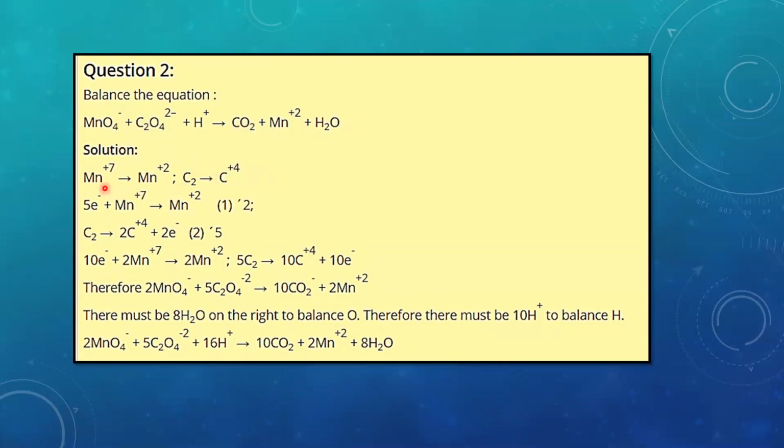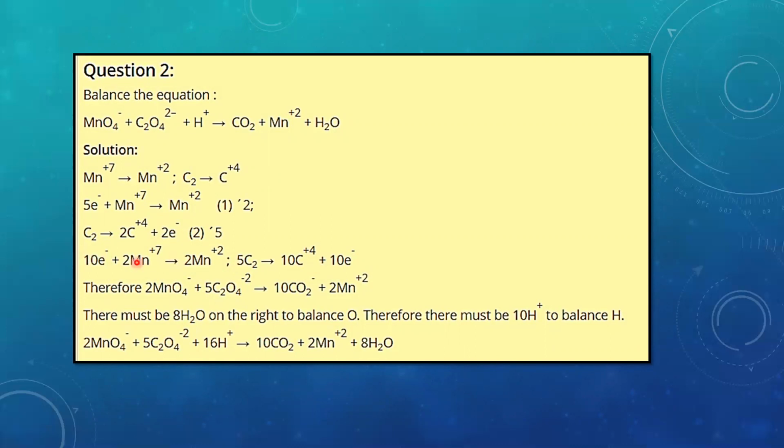So let Mn plus 7 to Mn plus 2 be equation number 1, whereas C plus 3 to C plus 4 be equation number 2. Again, 5 and 2, the LCM of 5 and 2 is equal to 10. So equation number 1 will be multiplied by 2, whereas equation number 2 will be multiplied by 5. Hence, we are getting this complete equation.